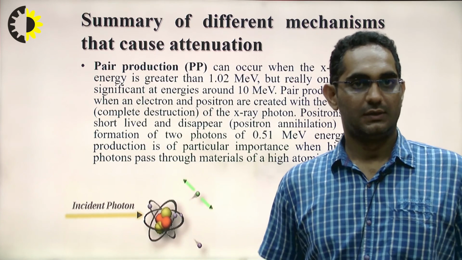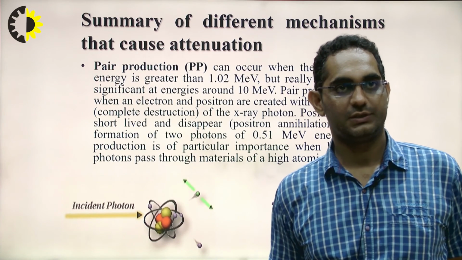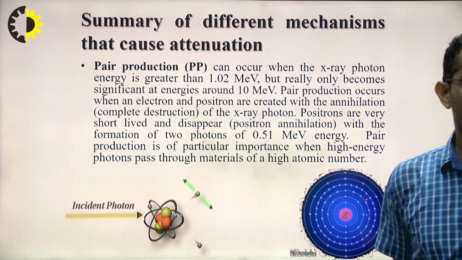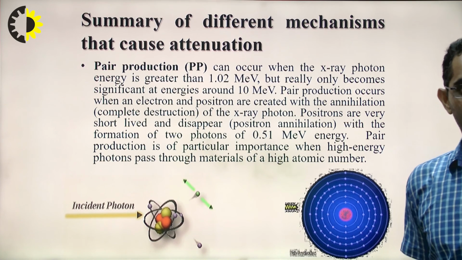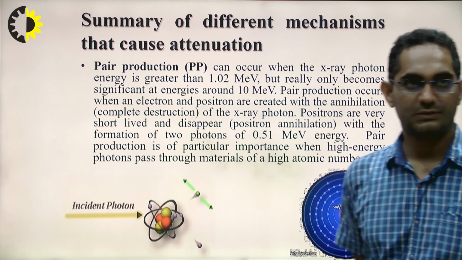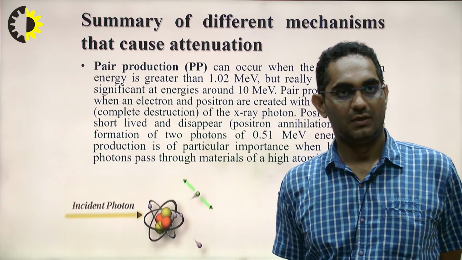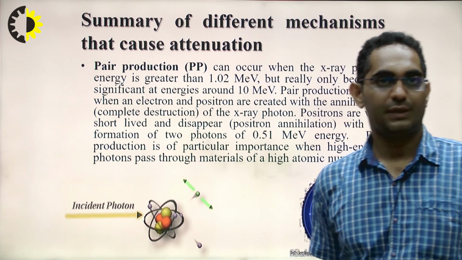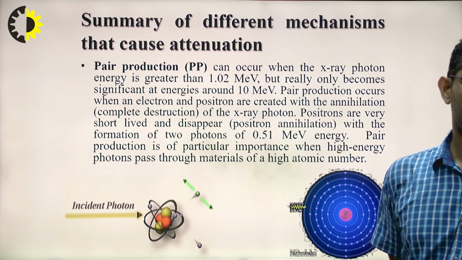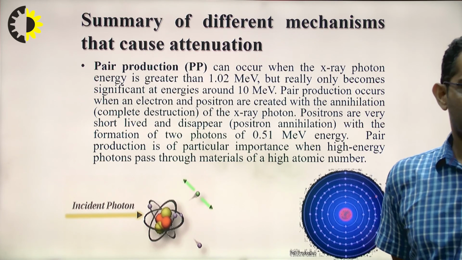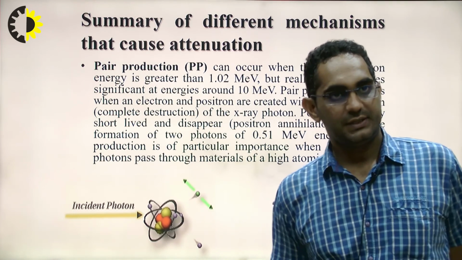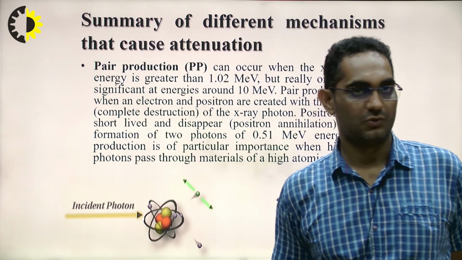Next is pair production. Pair production can occur when the X-ray photon energy is greater than 1.02 MeV, but really only becomes significant at energies around 10 MeV. Pair production occurs when an electron and positron are created with the annihilation, or complete destruction, of the X-ray photon.